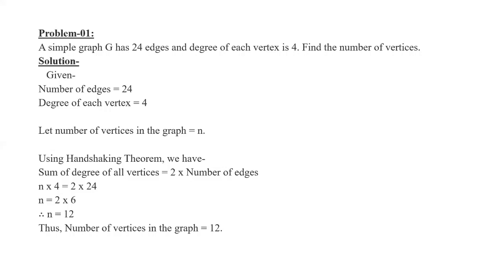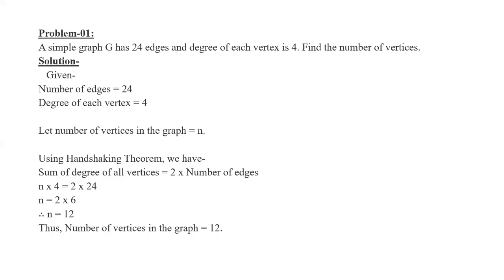Let the number of vertices in the graph be n. By using the handshaking theorem, the sum of the degrees of all vertices is equal to twice the number of edges.